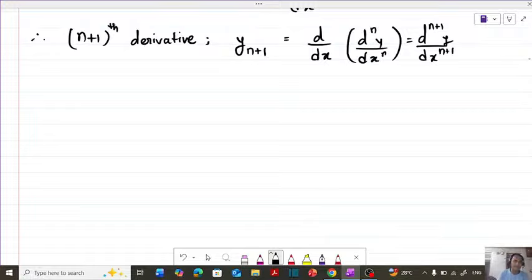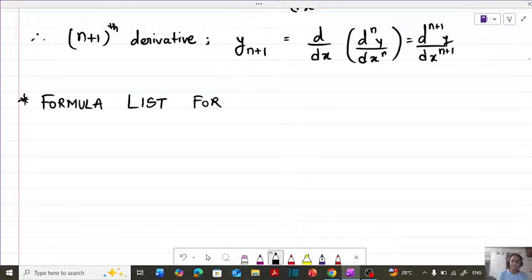Now the first formula list is here. Formula list for, see, this topic is successive derivatives, but it is also known as nth order derivatives.